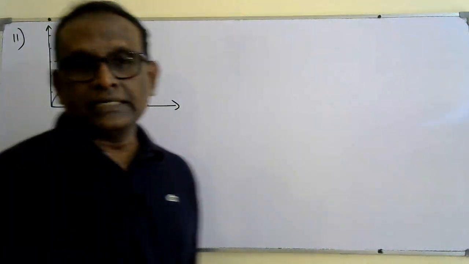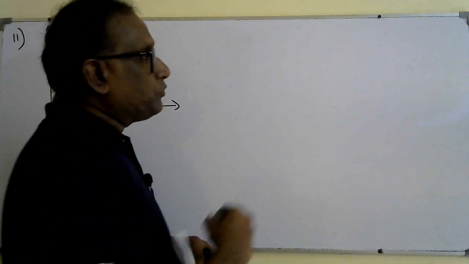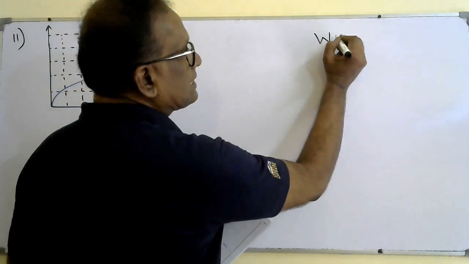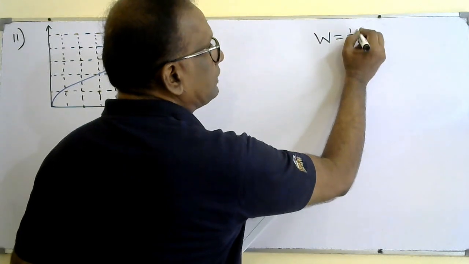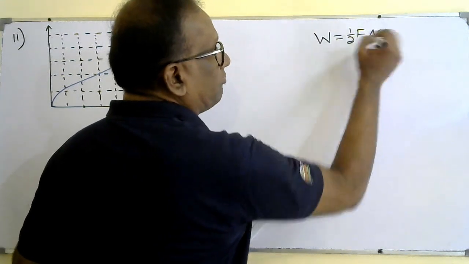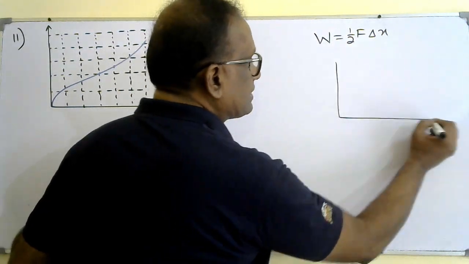This topic we normally teach. We can use the equation for work done or elastic strain energy, half F delta x. But that equation is correct only if the force against extension graph is a linear graph.